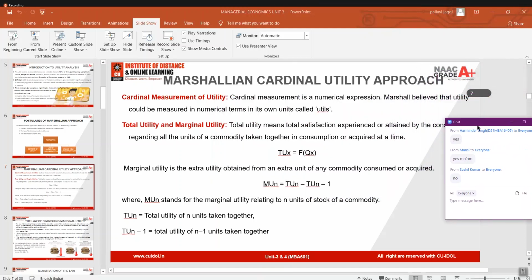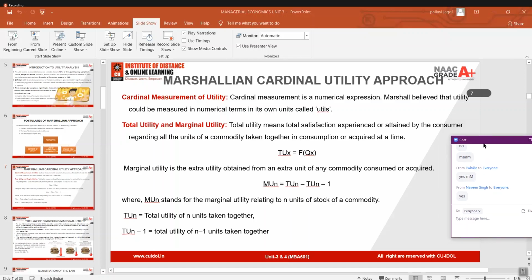Okay, it's clear. Then total utility means total satisfaction. For example, I will take a short example: three units you are consuming. From the first unit you are getting 10 utils. You can write on a piece of paper so that it will be clear to you.